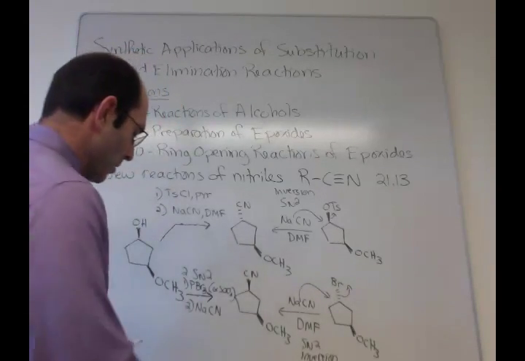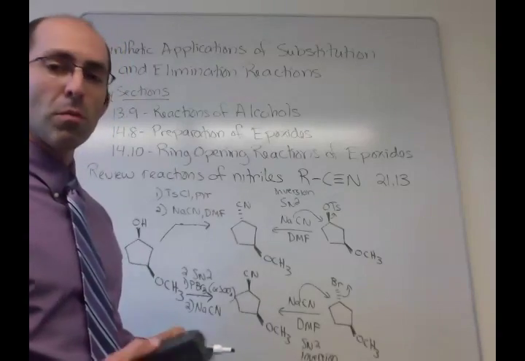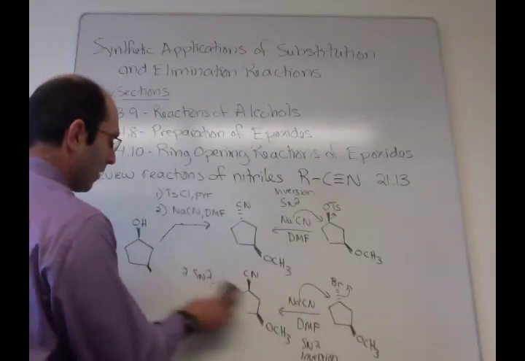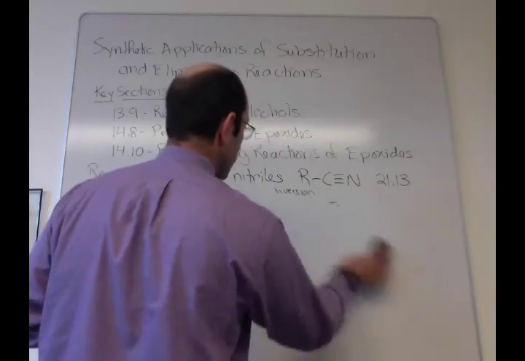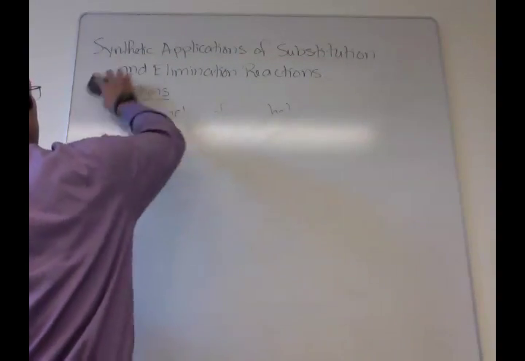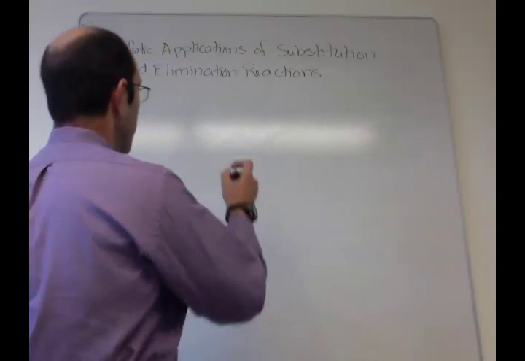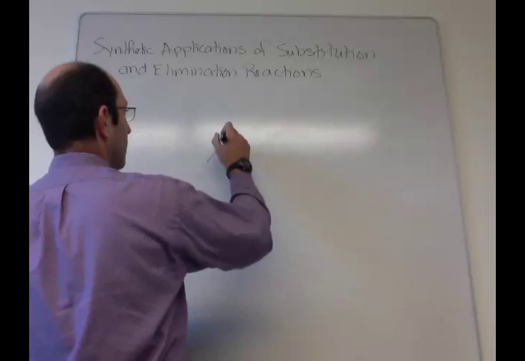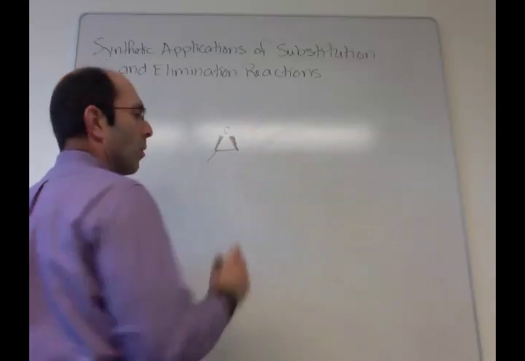The final thing I want to do is talk about reactions of epoxides as just a preview for what you're going to work on in the daily problems for Monday. So let's look at something a little bit simpler than what you have in the daily problems, but I think will illustrate the key points. Right?